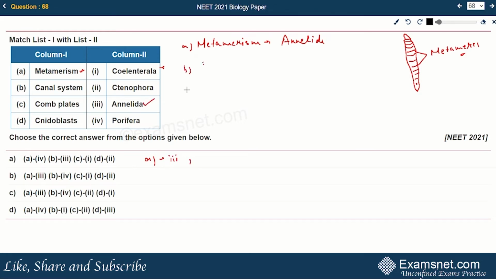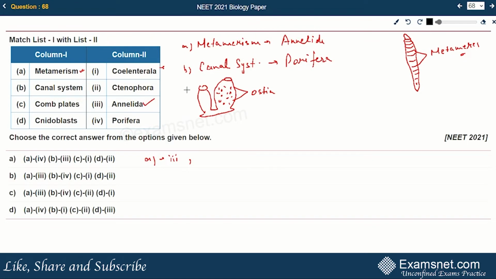What is next? The next characteristic is canal system, and this is a characteristic of which phylum? Porifera. The body of Porifera has two types of pores. One type is smaller pores all over the body known as ostia.